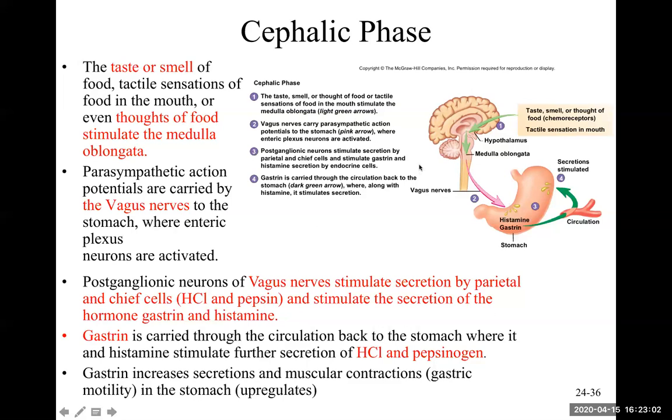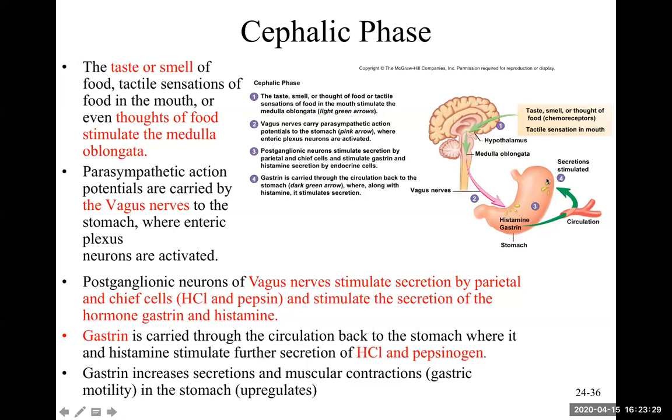So then you don't have to wait, right? The biggest mediator is the vagus nerve. Vagus nerve directly stimulates the parietal and chief cells to produce more hydrochloric acid and pepsinogen. It can stimulate the secretion of gastrin and histamine. There's histamine again. Gastrin is carried back into circulation, and then it goes into the stomach where it further stimulates the stomach even more.